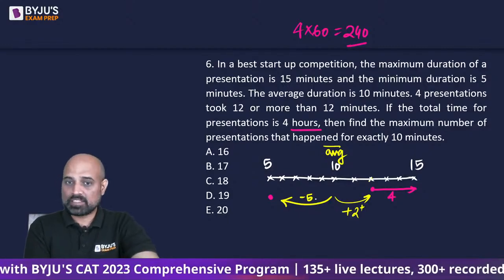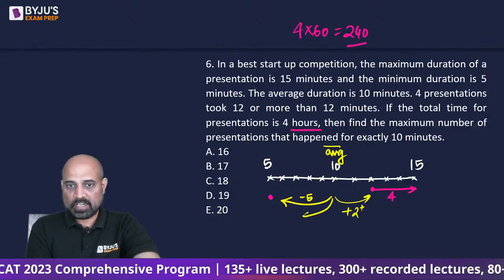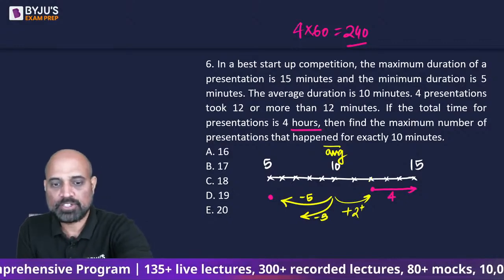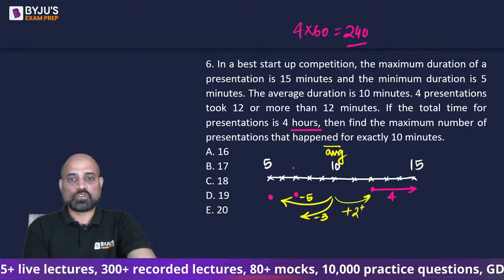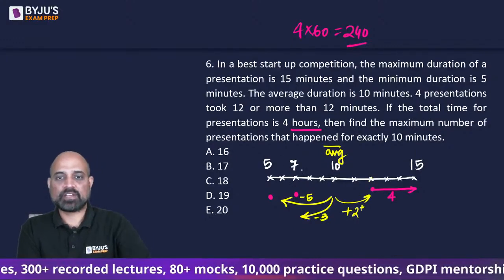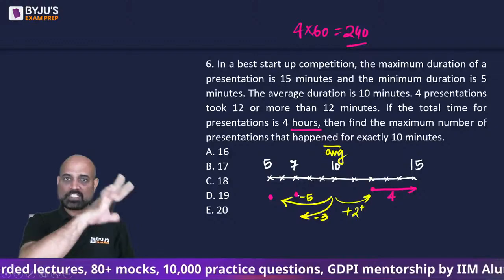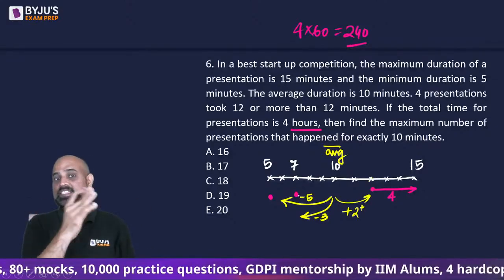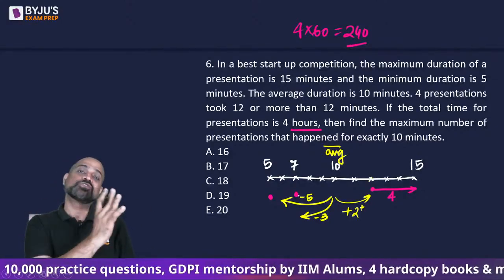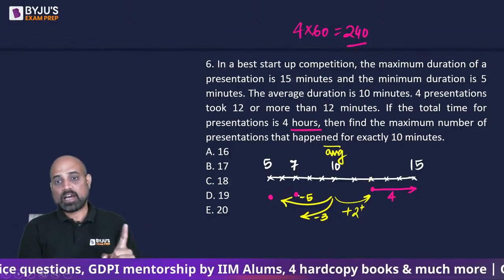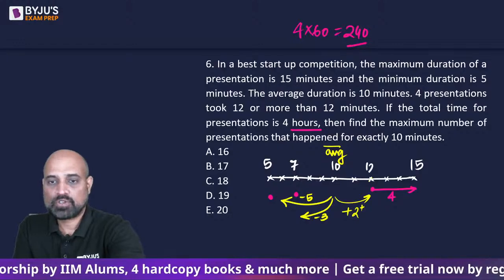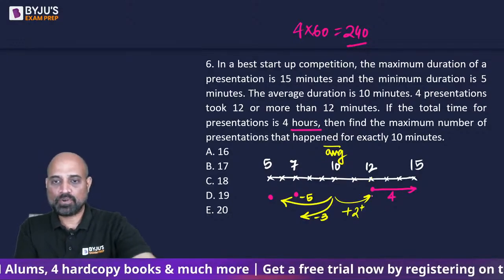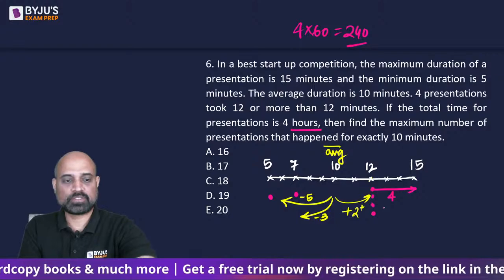I need another 3 less. So I'll put another presentation over here. So one at 5, another at 7. That 5 is 5 less than 10 and 7 is 3 less than 10. There is a deviation of 8 below 10. Now this 8 will be compensated, assuming that we have all the 4 presentations at 12.